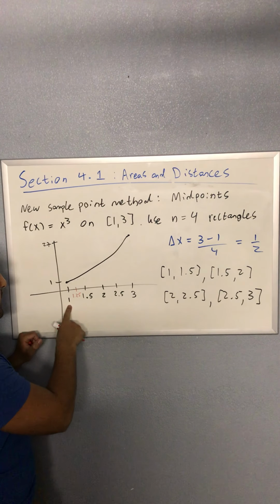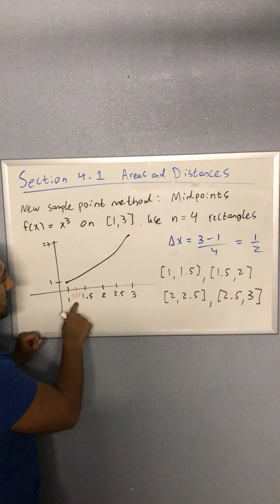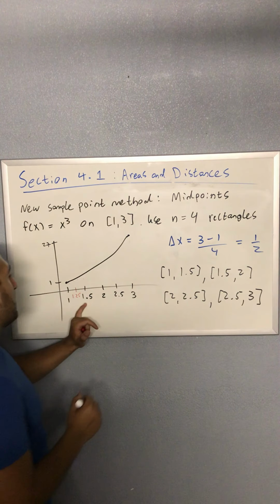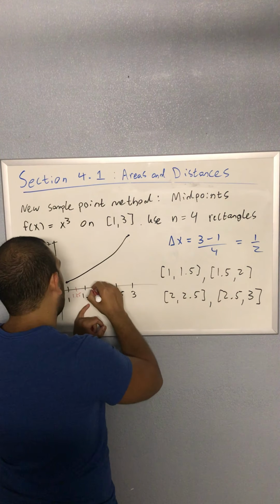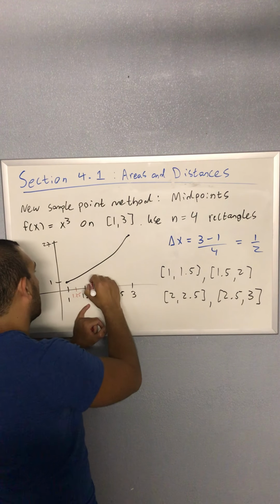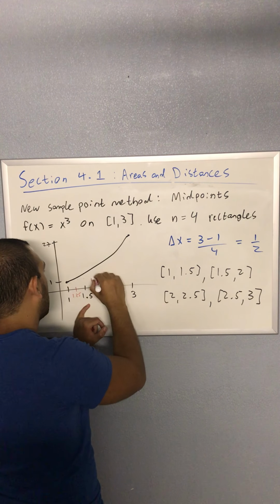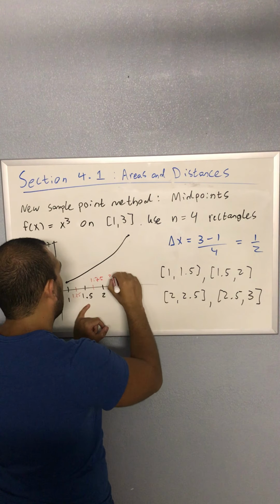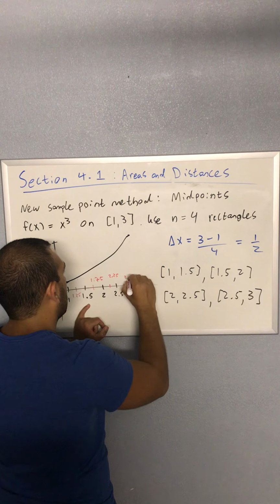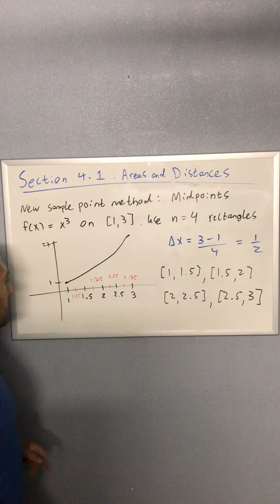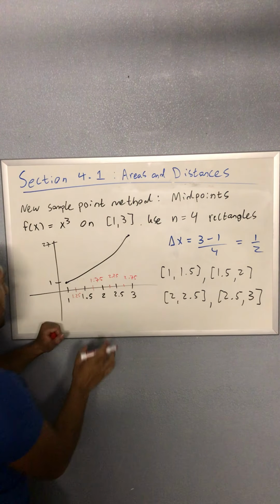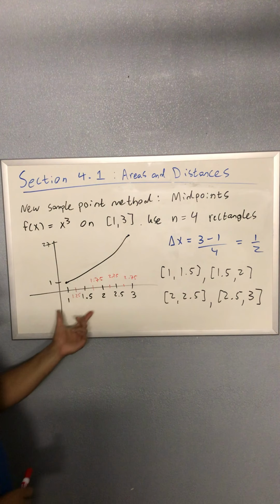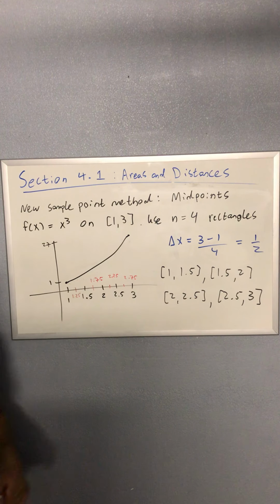So if you take 1 and add 0.25, you get the midpoint, 1.25. Then if you take 0.25 and add it again, you get 1.75. Similarly, you get 2.25 and then 2.75. So these are the sample points that we're going to use.